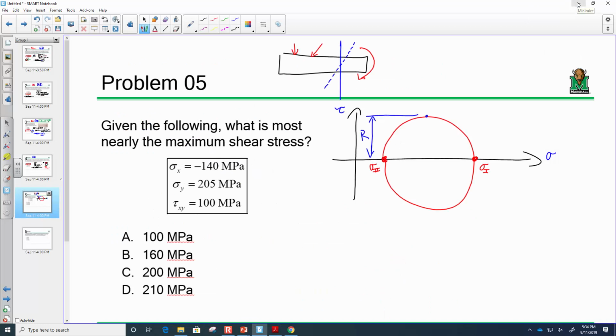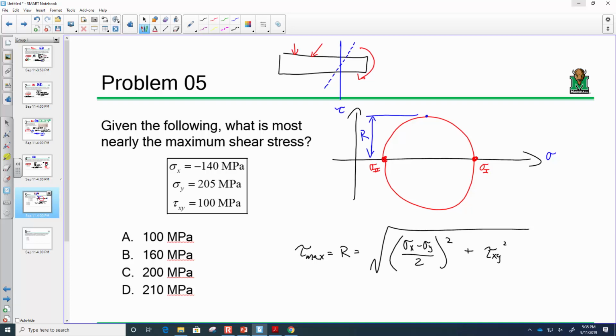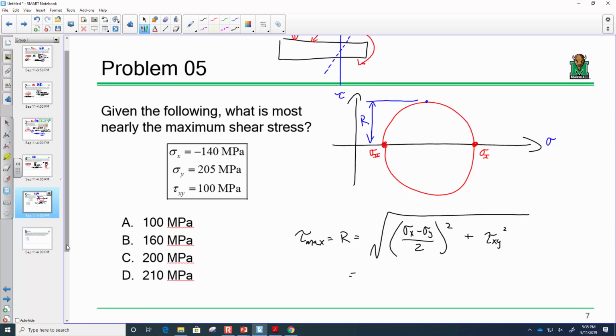So tau max is the radius. One of the beauties of the formulation is that it's independent of the orientation. You could plug in any stress state from one orientation to another and still get the same answer. And so what is that?